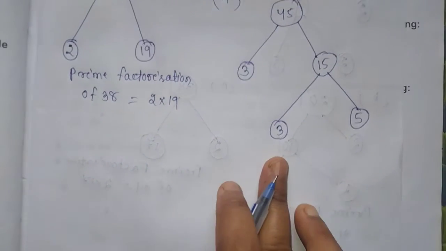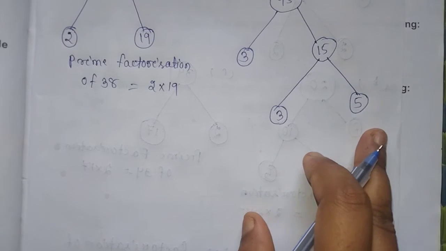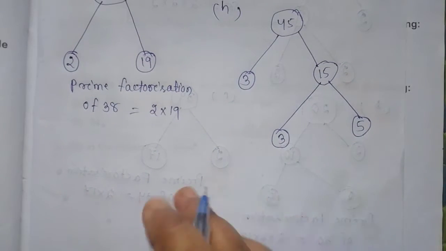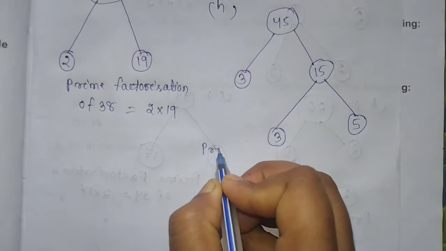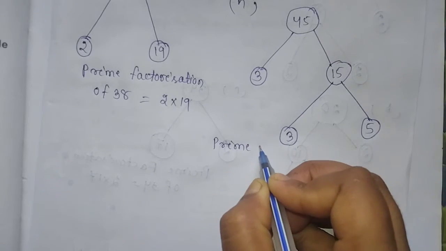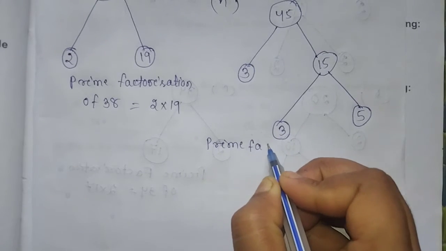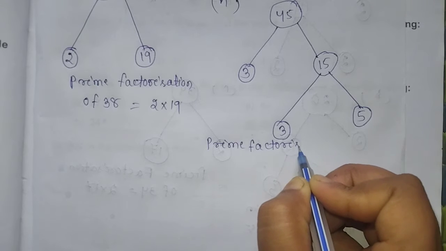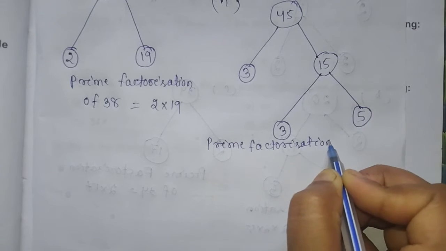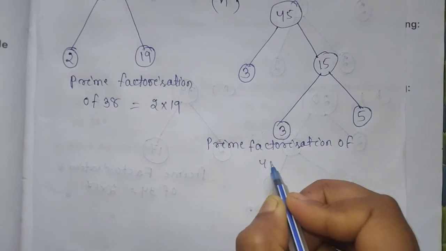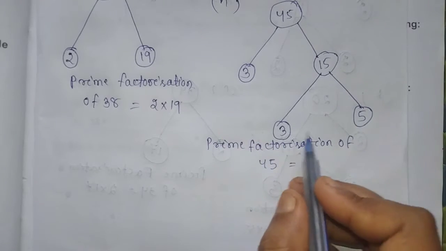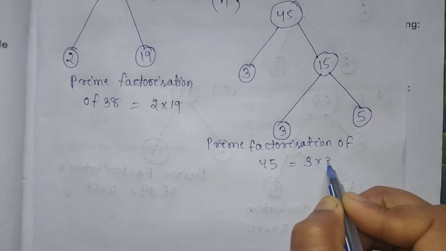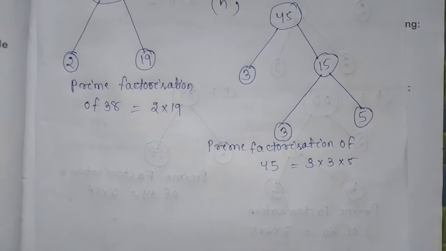Here 3 is a prime number and also 5 is a prime number. So prime factorization of 45 equals 3 into 3 into 5.